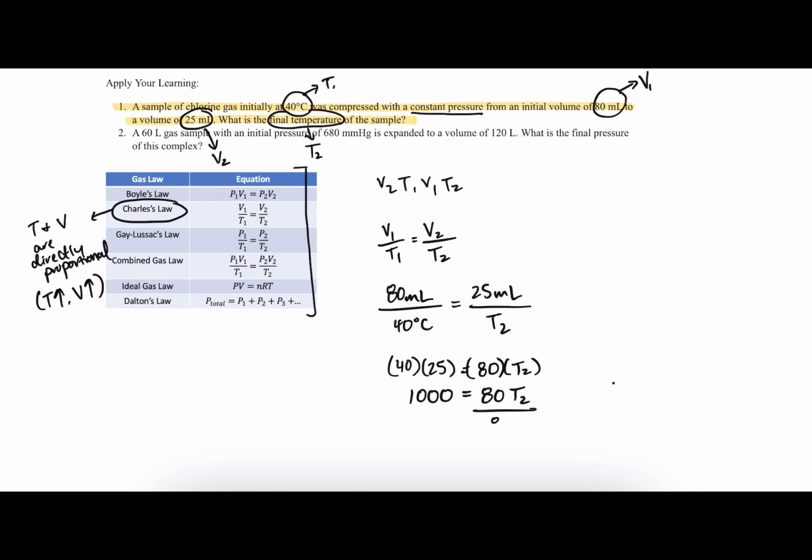We can divide both sides by 80, and that cancels out, and we find that T2 is equal to 12.5, and we keep the same unit as before, so we know that it's 12.5 degrees Celsius, and that's the answer to question number 1.